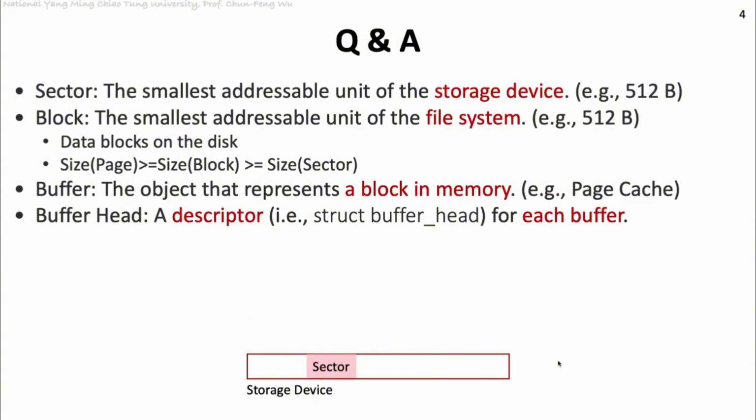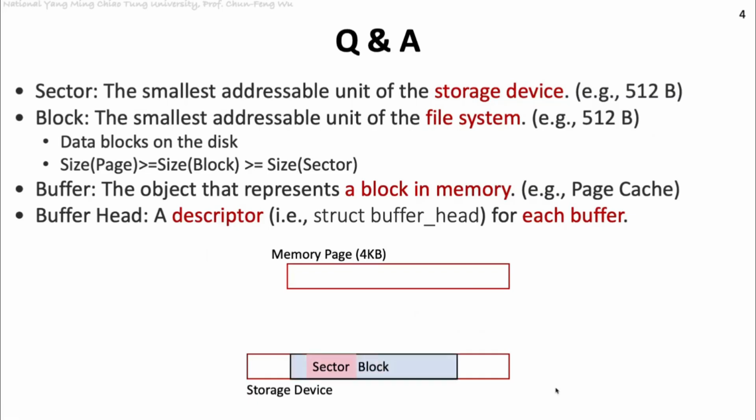Okay. So another thing is memory. When we are going to access the data in the storage device, we need to move it to the memory. Okay. But in terms of the file system, there is a thing called a block. From the point of view of the file system, the file system doesn't really know what a sector is. So the minimum access granularity, or the minimum allocation granularity, for the file system is a block.